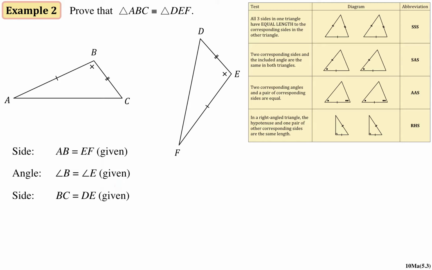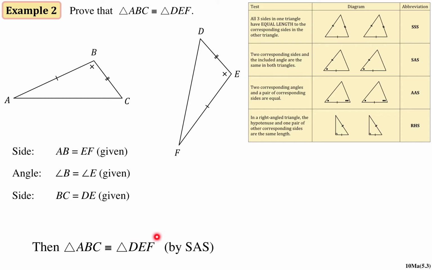And the last part of the test is B to C has a double dash, D to E has a double dash, so BC and DE are both the same length. And again, that's given because I've got the double dashes. I don't know what the lengths actually are, but I do know that they are equal. So I finish up by saying that triangle ABC is congruent to triangle DEF.